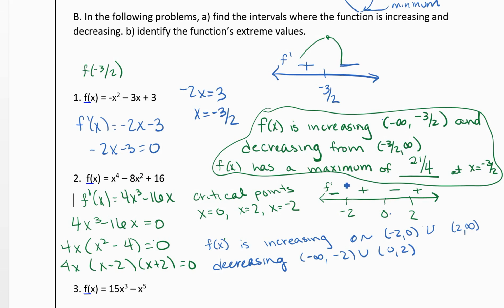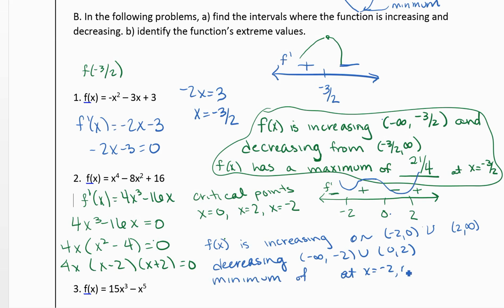Okay, now, this is how I like to think about it. So we're decreasing, then increasing, then decreasing, then increasing. So that means when we go from decreasing to increasing, we're going to have a minimum of, and I'll leave a blank for a minute because we'll fill it in, at x equals negative 2.